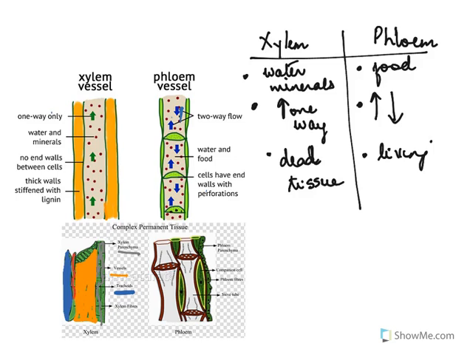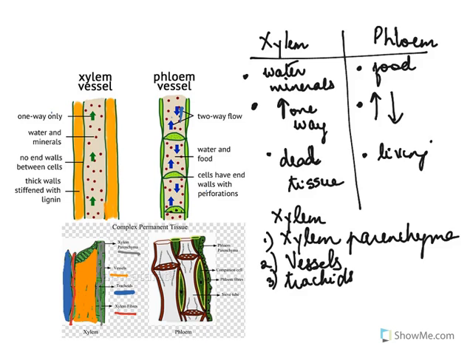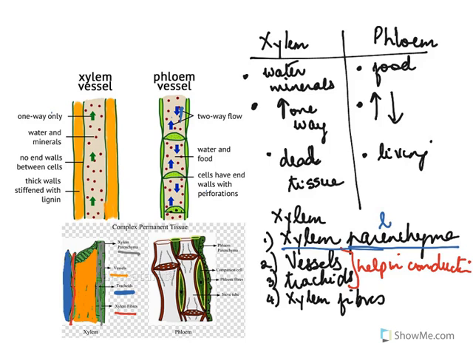So the xylem is made up of four things: the xylem parenchyma, the vessels, the tracheids, and the xylem fibers. Those that help in conduction are these two, the vessels and tracheids. And they are all dead cells. Only the parenchyma is a living cell. All the others are dead cells.